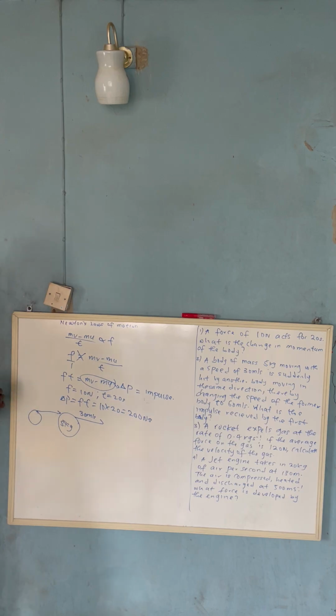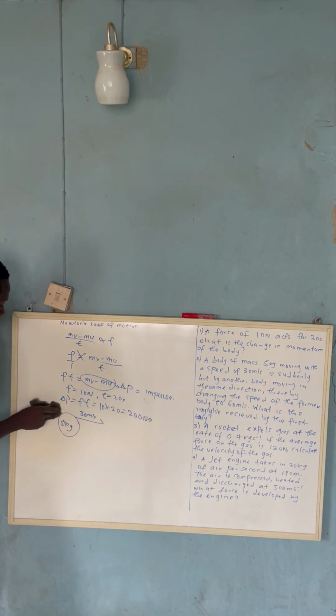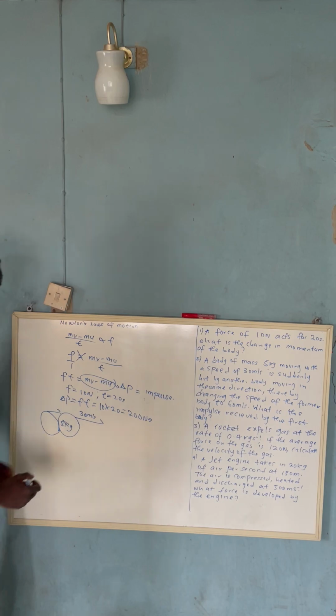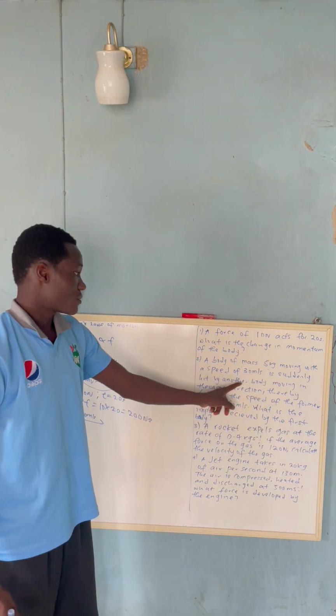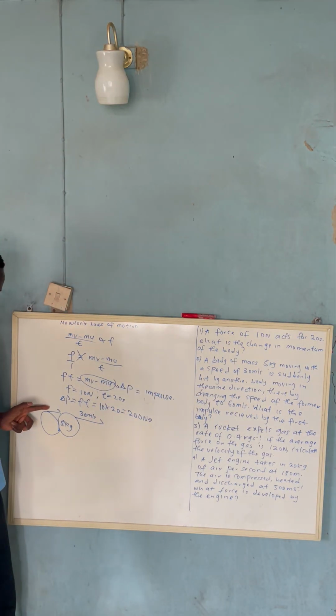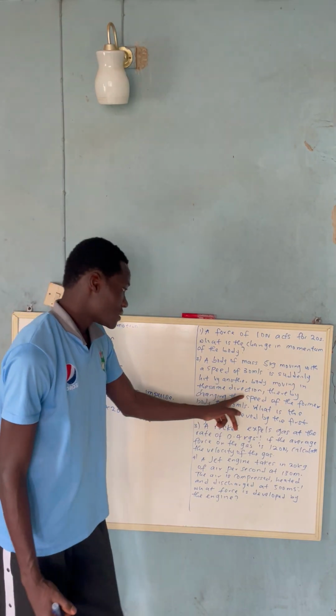So it hits this body, which means it collides with the body. It's moving in the same direction as this body. It was hit by another body moving in the same direction.